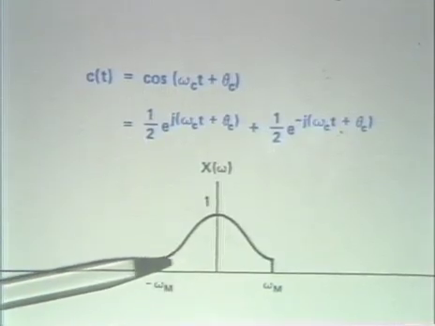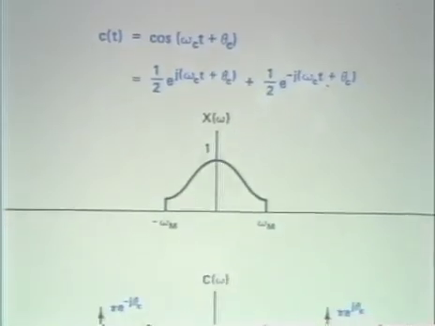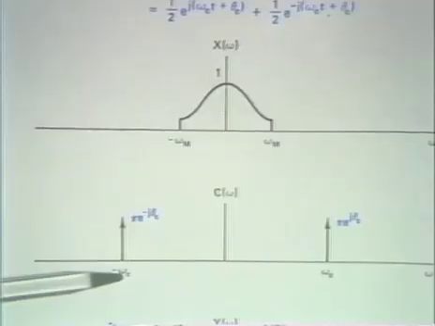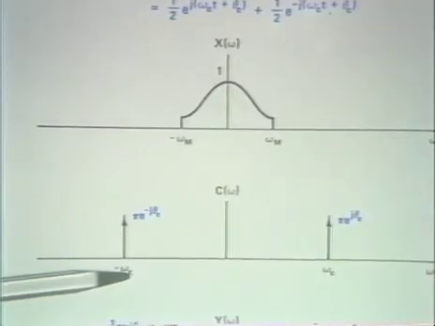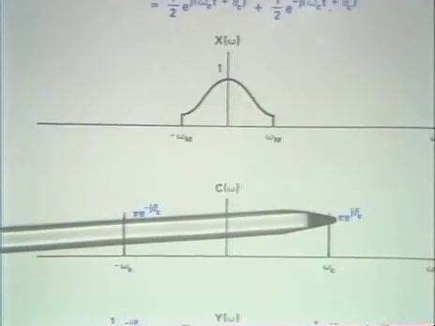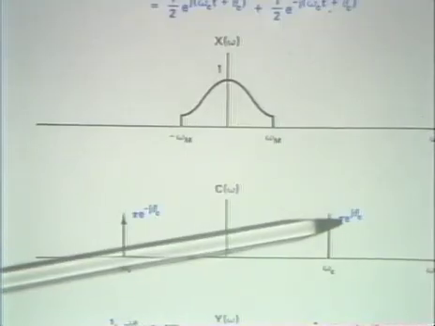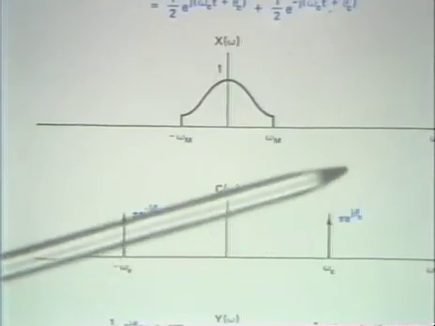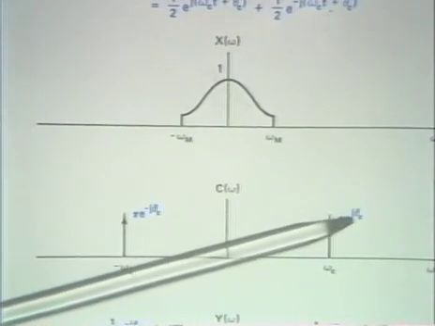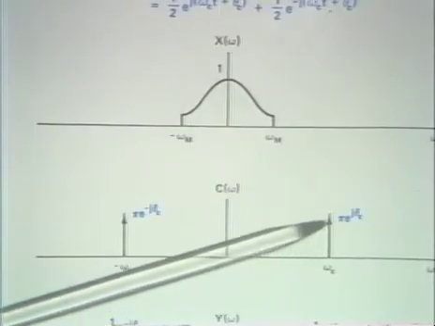The spectrum of the carrier in this case is two impulses, one at plus omega c and one at minus omega c. The amplitudes of these incorporate the phase, and later on I'll have a tendency to drop the theta sub c just to keep the notation and algebra a little cleaner. But for now, I've incorporated it.